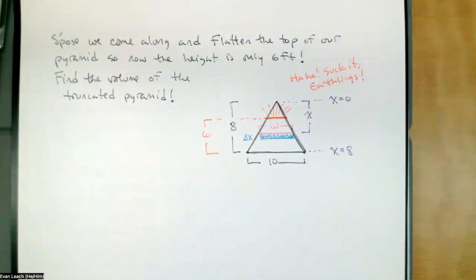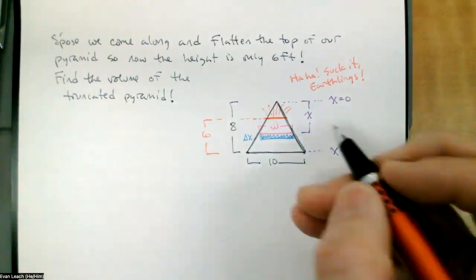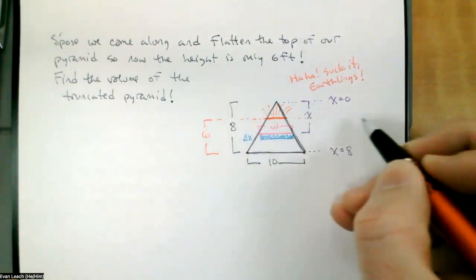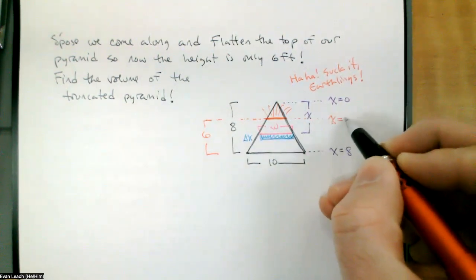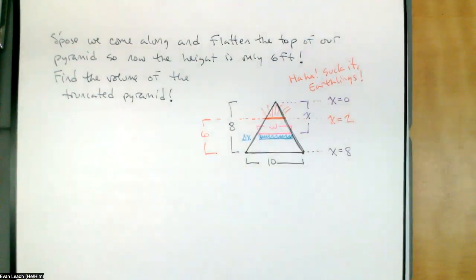We had set up a definite integral where we just add up all the x values where we had pyramid. We just don't have any pyramid from x equals 0 to x equals 2. So instead of integrating from 0 to 8, we'll just start integrating at 2 and integrate from 2 to 8.